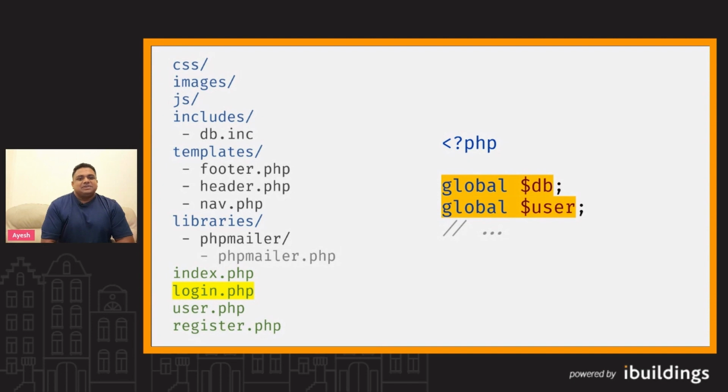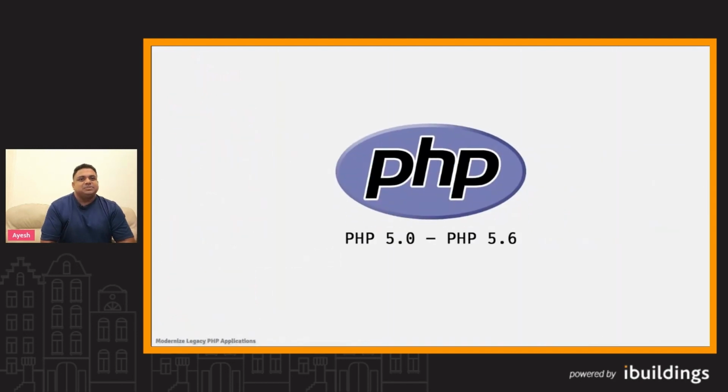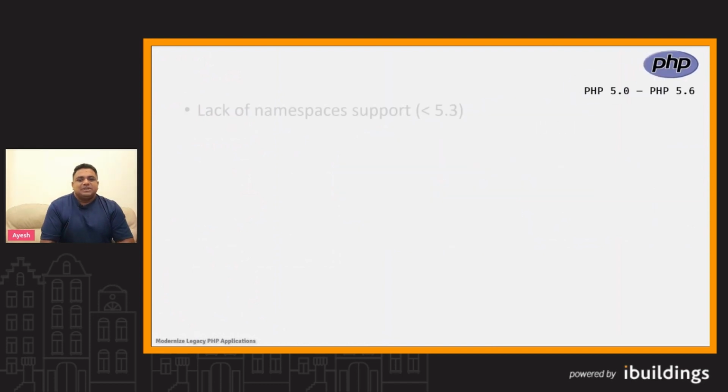And part of the reason why we have this messy structure is actually PHP. If you're using PHP 5, any of the PHP 5 versions, you probably don't have namespace support. That came out in PHP 5.3. So all of the code is jammed into one global namespace.